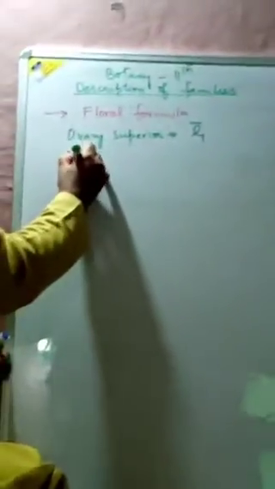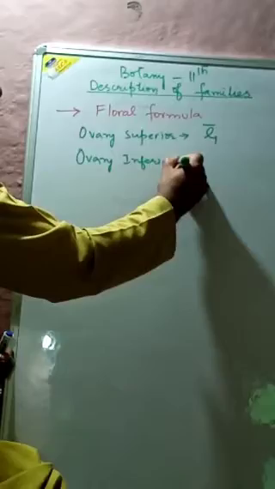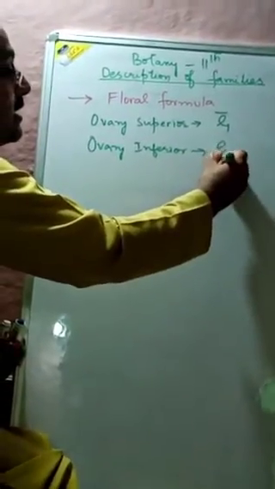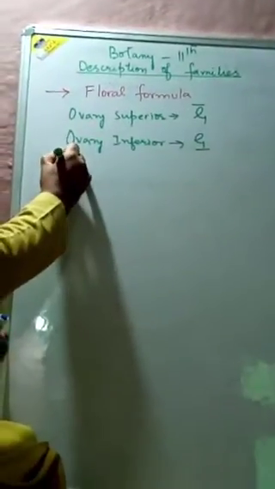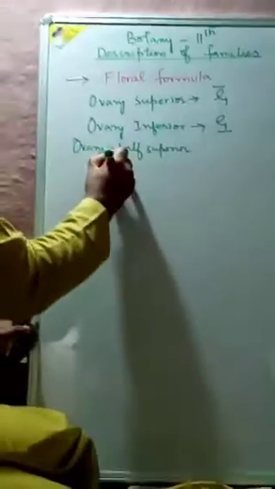When the ovary is inferior, that means ovary lies below the whorls, then G with a line below. When ovary is half inferior, or half superior and half inferior, then it is written as G with a dot in the center.